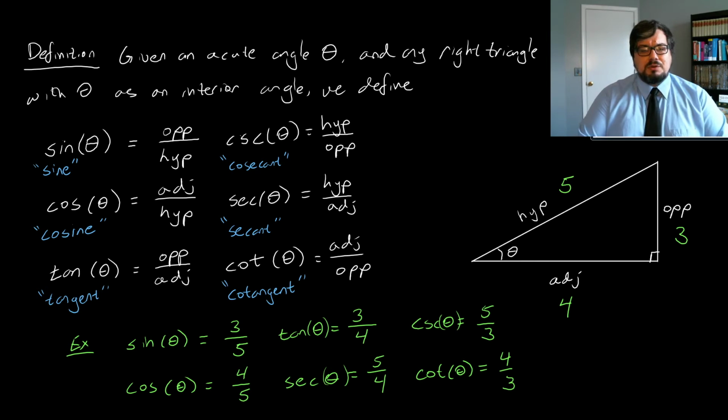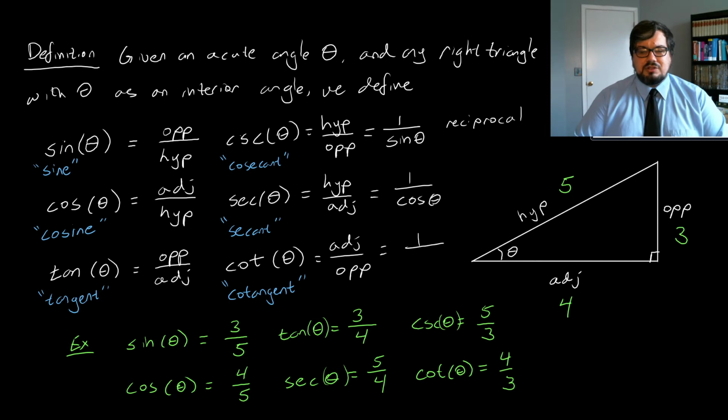So notice that cosecant, which is hypotenuse over opposite, and sine, which is opposite over hypotenuse, are reciprocals of each other. So that means that cosecant of theta is actually the same as 1 over sine of theta. It's the reciprocal. And secant is 1 over cosine. Cotangent is 1 over tangent of theta.